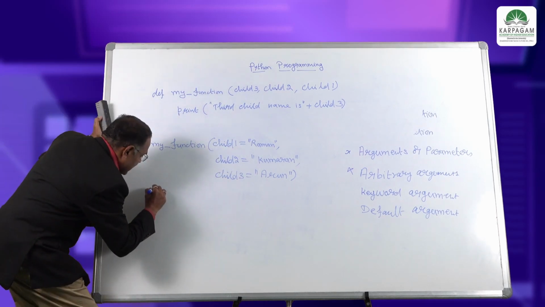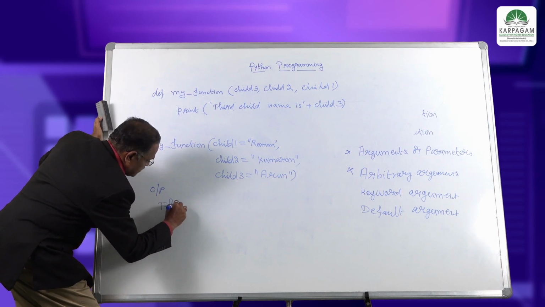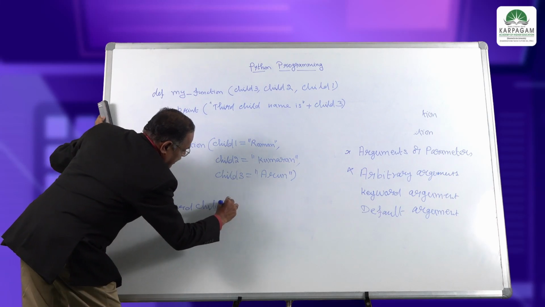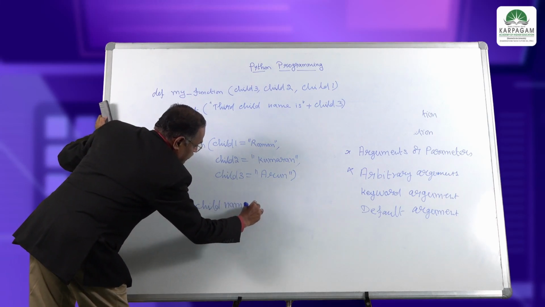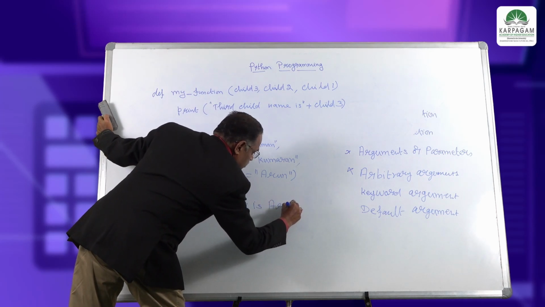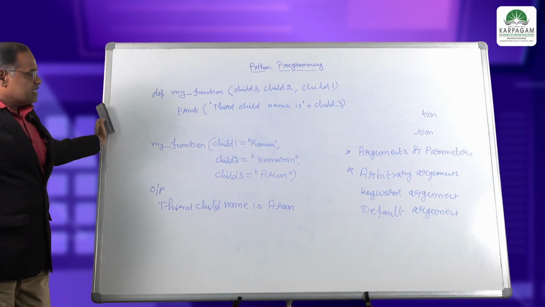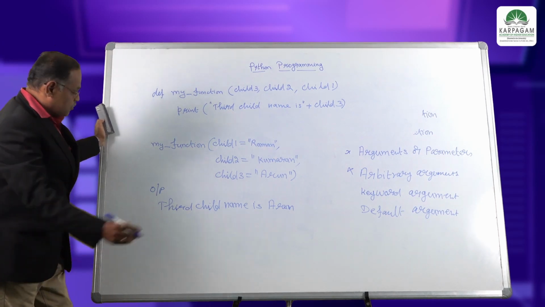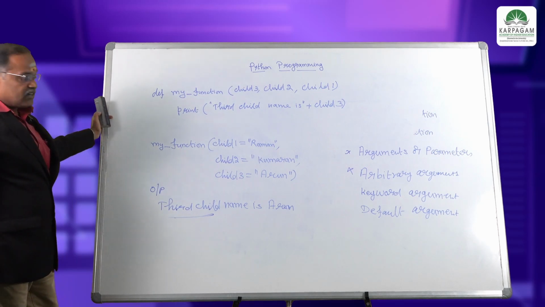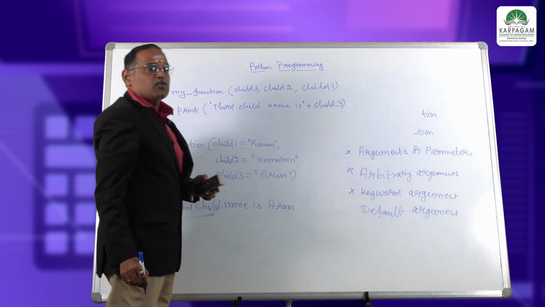So the output will be: third child name is Arun. This will be my output for the program which we have written. Now we have completed the keyword argument.